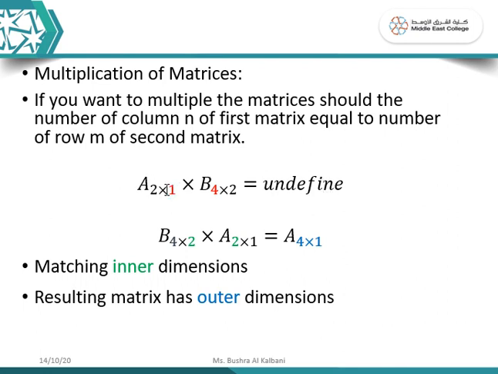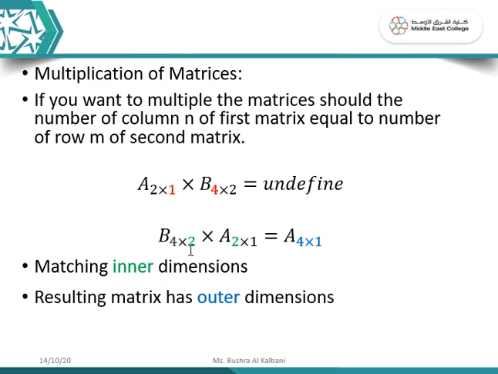Otherwise no. For example here, the column of matrix A is 1 and the row of matrix B is 4, which is not equal. That means you cannot multiply them. You just have to see the inner, that means the inside. If it is equal, you can multiply. If it is not equal, you cannot multiply.